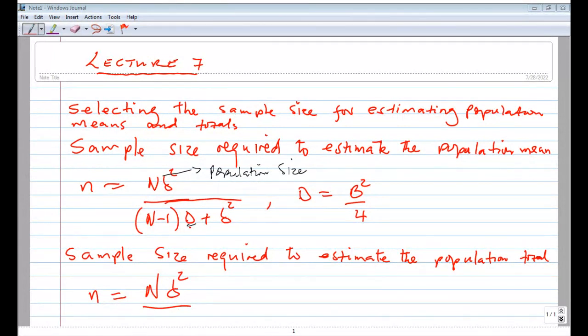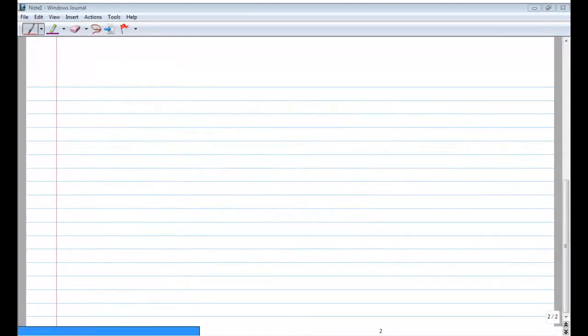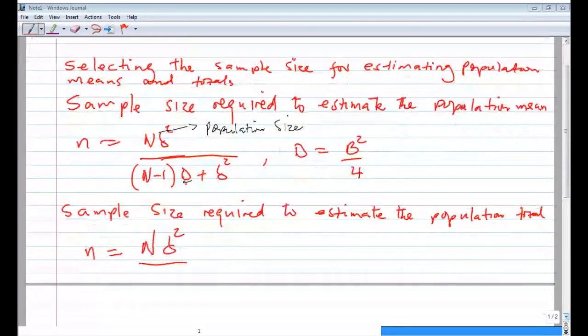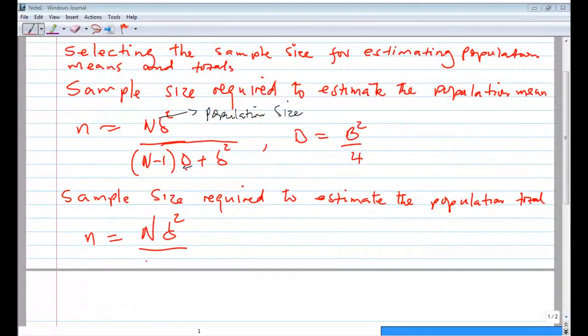Let me just increase this. Sorry for that. N minus 1 is the same thing, open and close brackets, times D plus sigma squared.